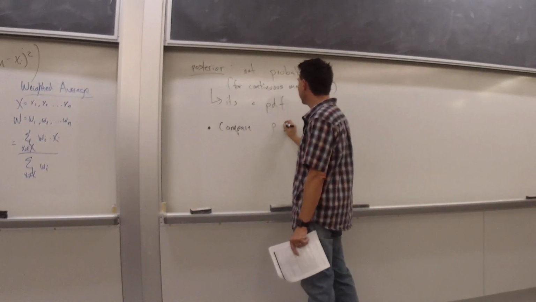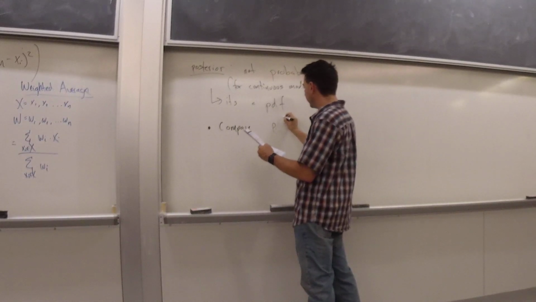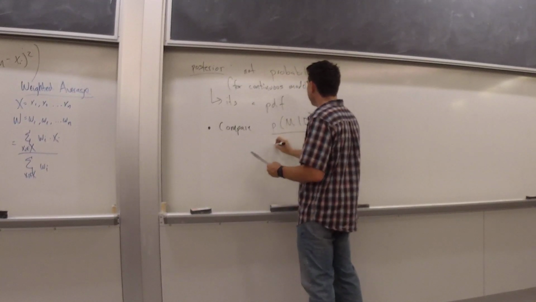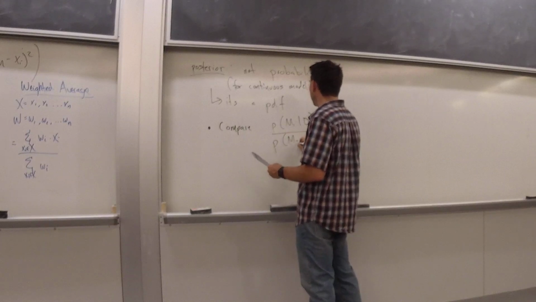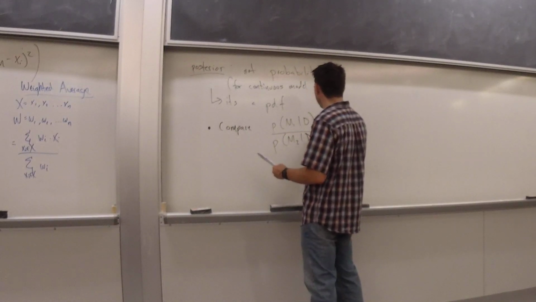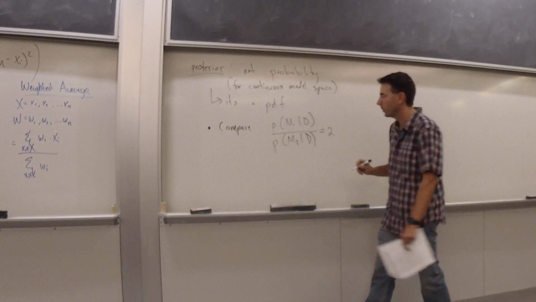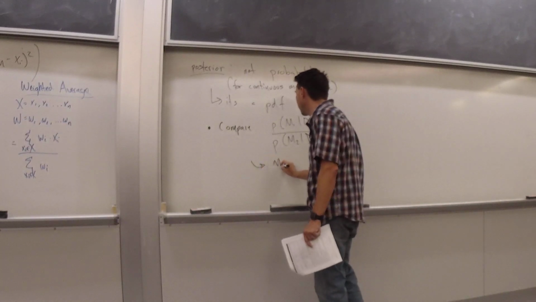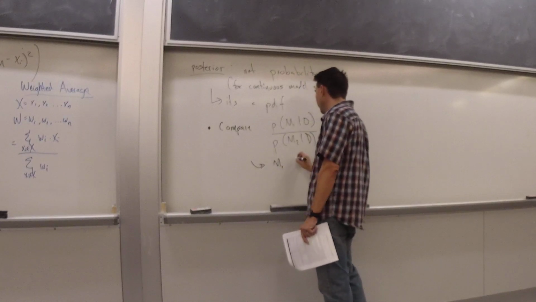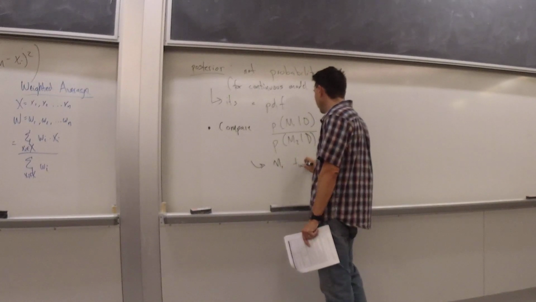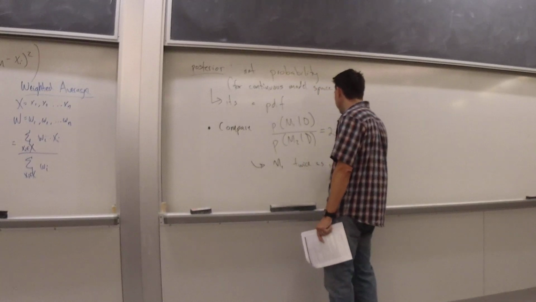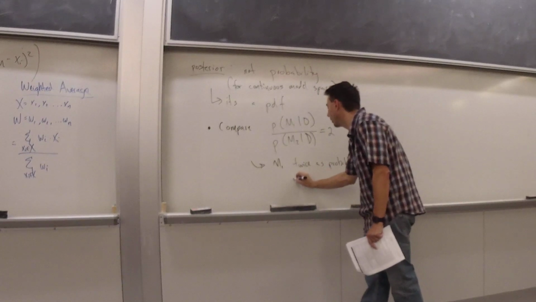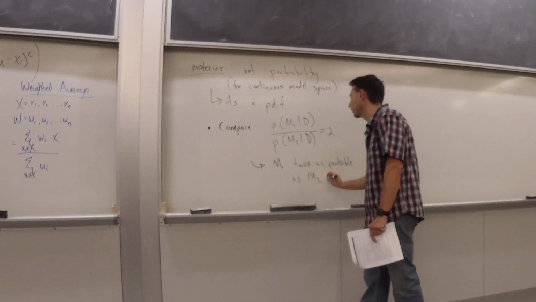So if I say the posterior of model 1 given the data divided by the posterior of model 2 given the data is equal to 2, right? Then this implies that model 1 is twice as probable as model 2.